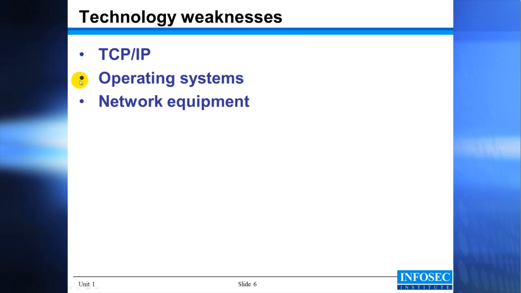Similarly, operating systems that users rely on to enhance their capabilities and get their work done, whatever it might be, are also designed for utility, for service, for functionality. Accordingly, if a system is meant to be functional, security is secondary. And oftentimes there's a trade-off between functionality and security.